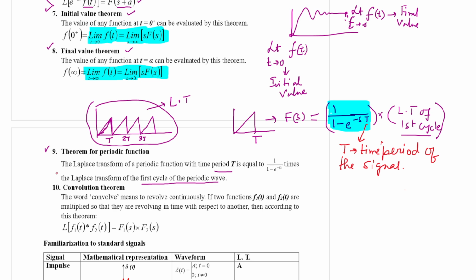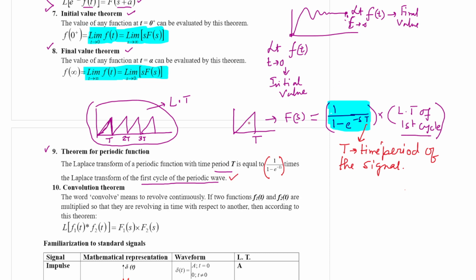So what is that theorem? The Laplace transform of a periodic function with time period T is equal to 1 by 1 minus e to the power minus sT, times the Laplace transform of the first cycle of the periodic wave.